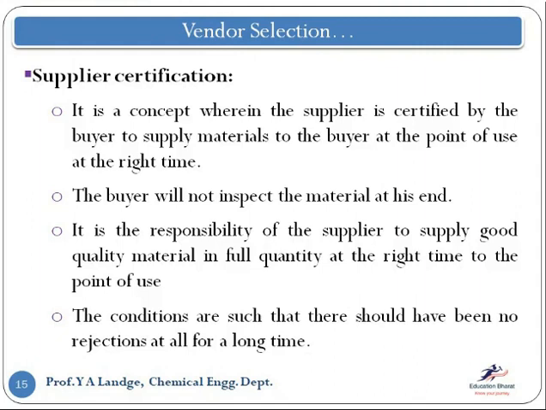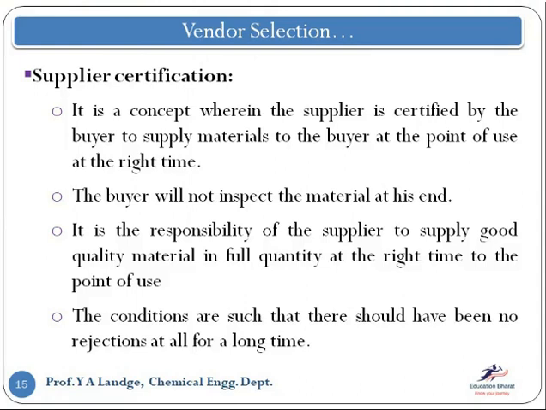Now the certification is again very important, because many times when we have the certified product, there is no rejection. So when we think from the vendor's point of view, they do not want any rejection of their product, and for that they always try to maintain quality.